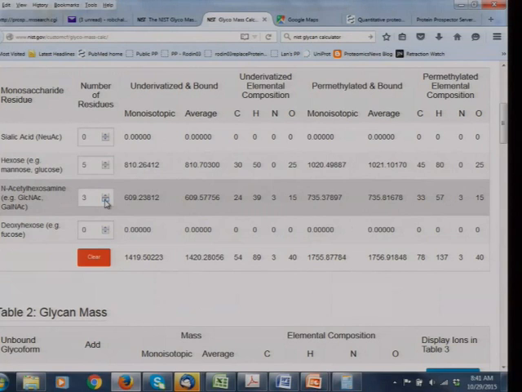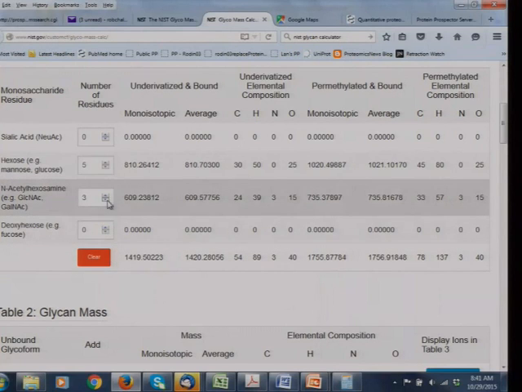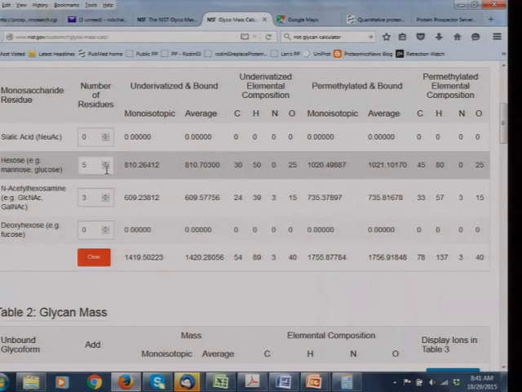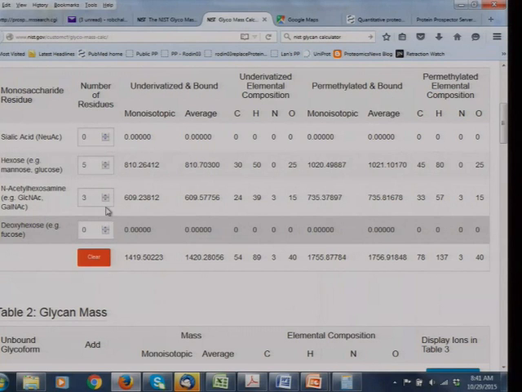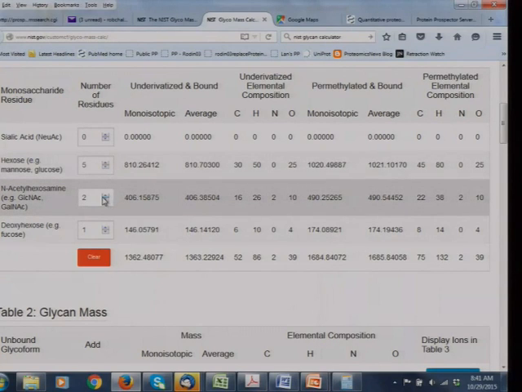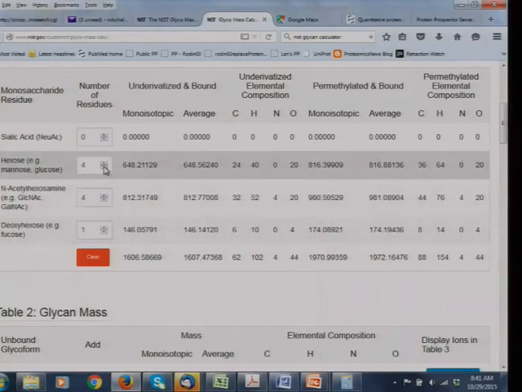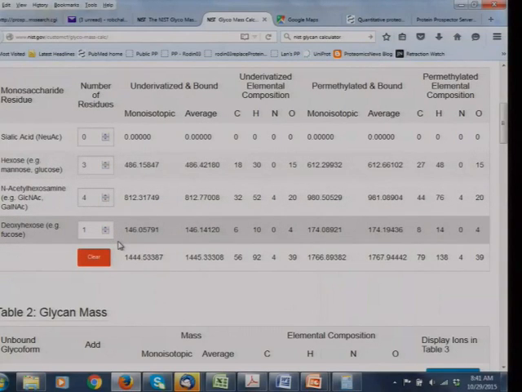Can I cheat and look at my answer sheet? Where am I going wrong? I can't remember what the answer for this one is.